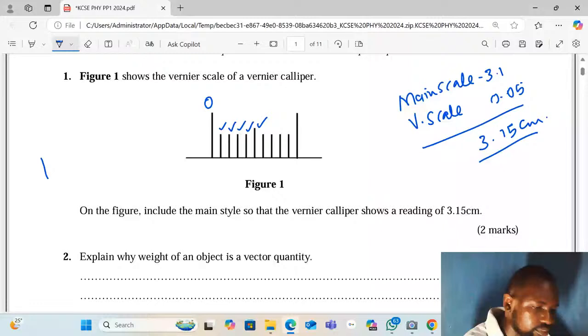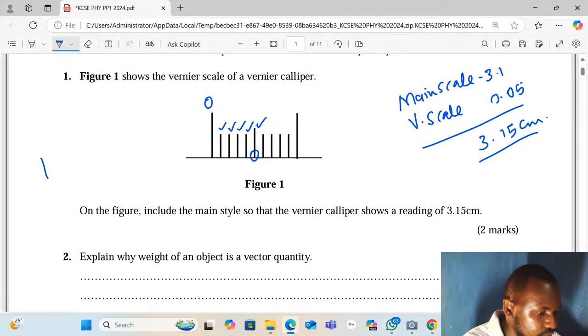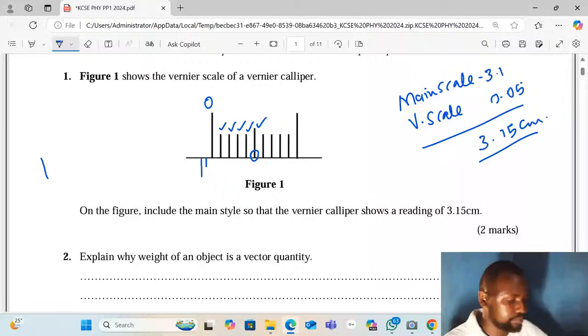So at long last, we have a scale. Therefore, we can go. I'll draw a 3.1 first, like that. I will say this is now my 3.